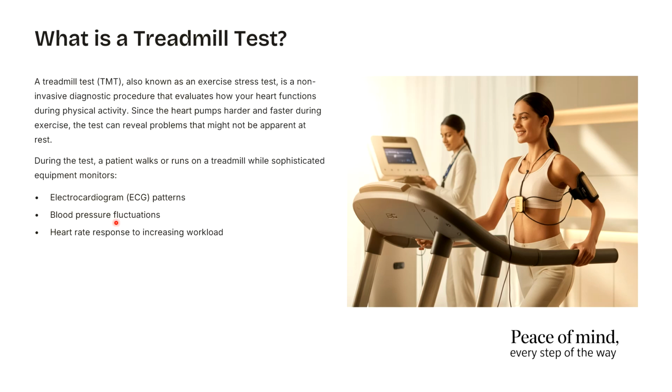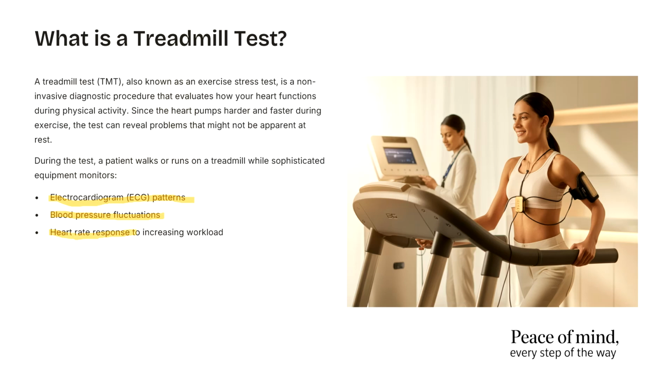So during this test, a patient walks or runs on a treadmill while sophisticated instruments monitor three things. Now, what are the three things? Number one is the electrocardiogram. That means how the ECG patterns change when the body moves. Next, blood pressure fluctuations, how the blood pressure changes when the whole body is doing exercise.